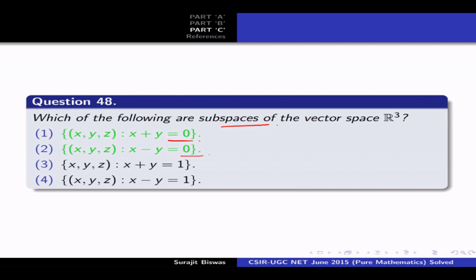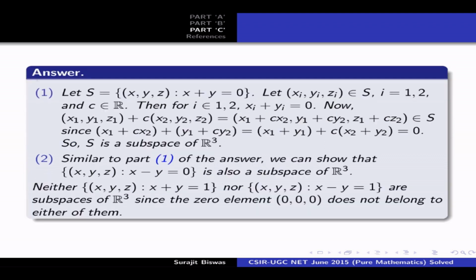Option 3 or 4 cannot be a subspace because (0, 0, 0) does not belong to this set. So therefore 3 and 4 are not subspaces.